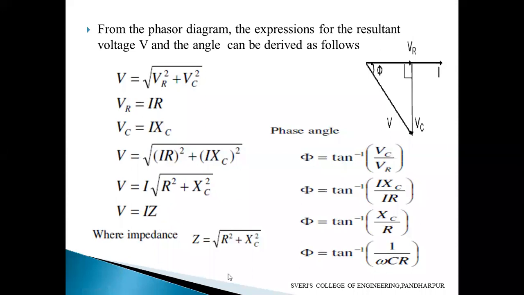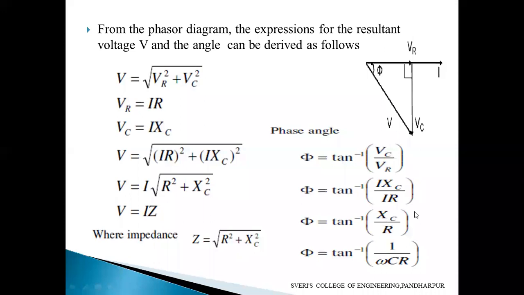So from this one we have written the Z equation, and phi equal to tan inverse of VC by VR we can write down. VC is nothing but what? IXC. VC equal to IXC, na? Divided by VR equal to IR. So this I gets cancelled. XC by R we can write down.